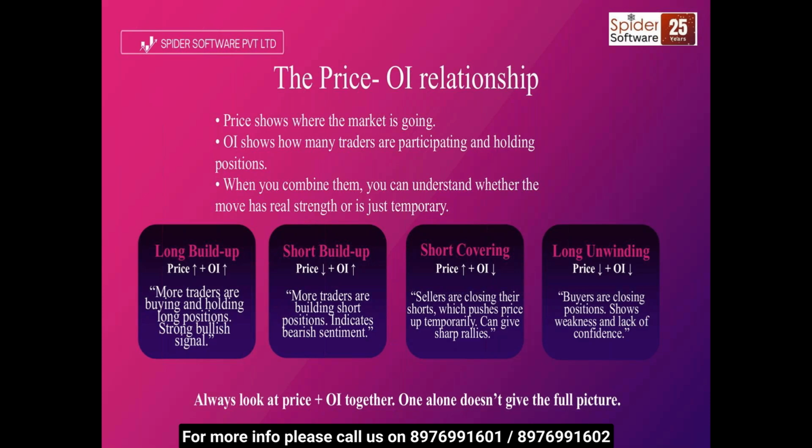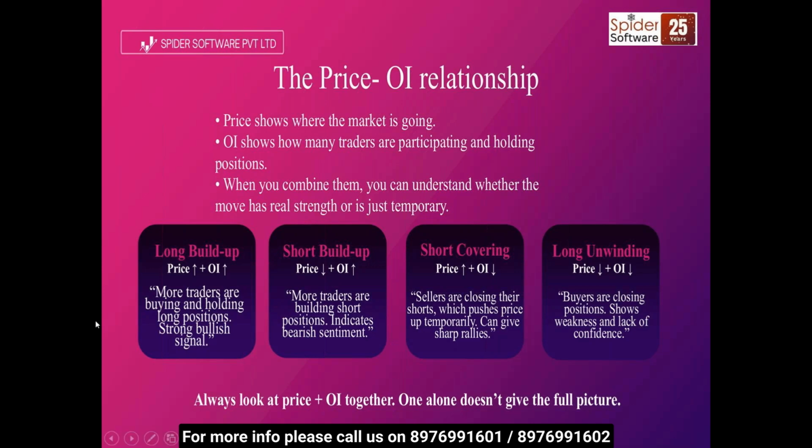Okay, so there are basically four types of relationships over here. As I can see, there is long build up, there is short build up, there is short covering, and there's also long unwinding. Okay, so if the price and the OI are both consecutively growing, or consecutively building, then you can say that it is a strong bullish signal over here.